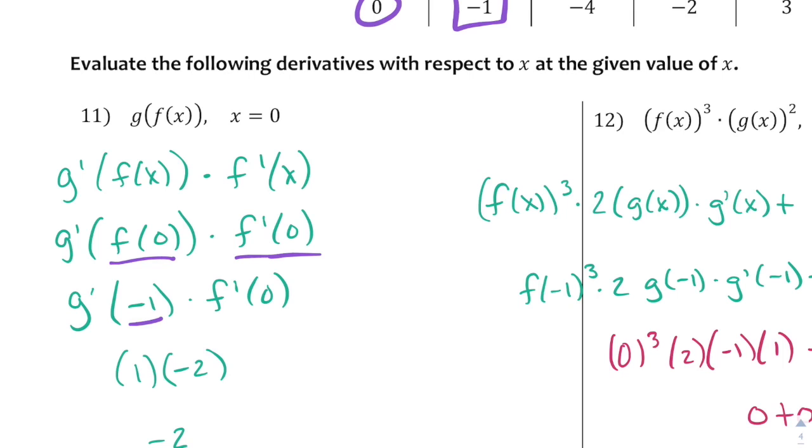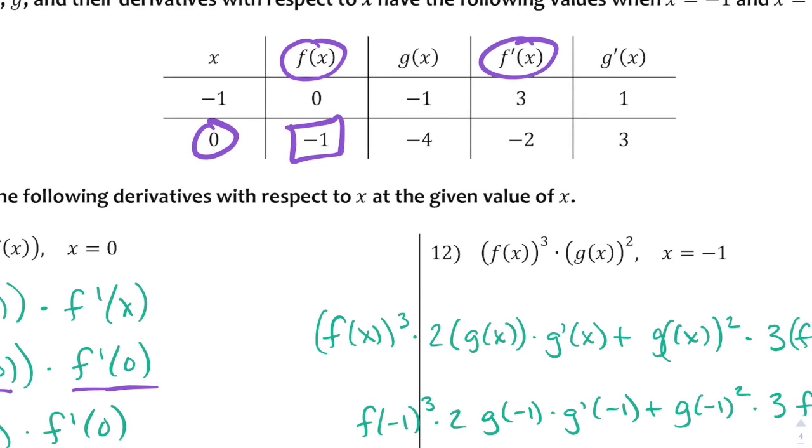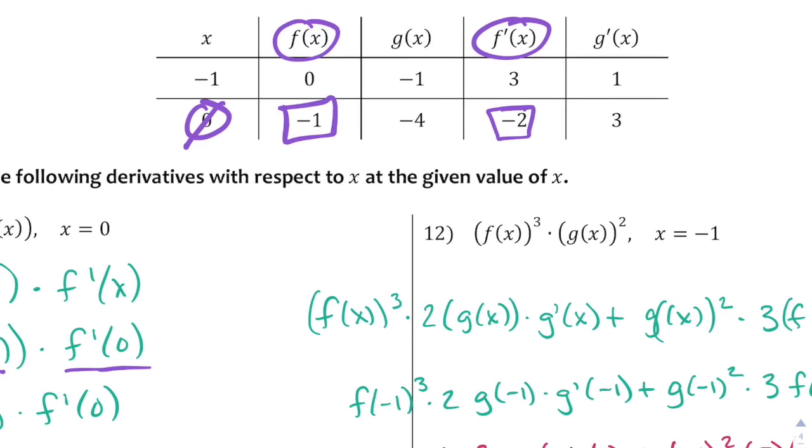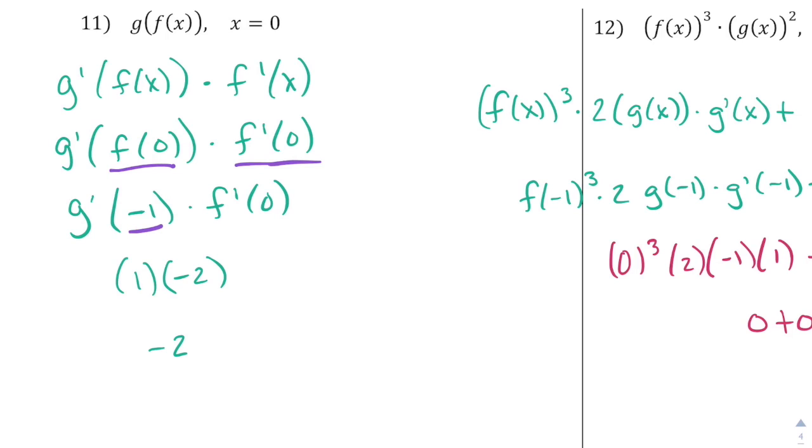Now I'm looking at f prime of 0. Let me reset. F prime of 0 is -2. So I am going to use -2 for that value. You see it happen right there. I did the innermost function first.